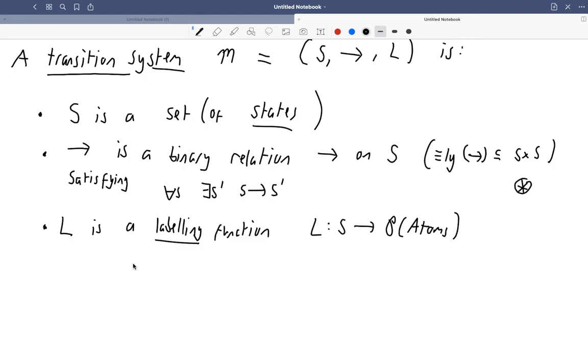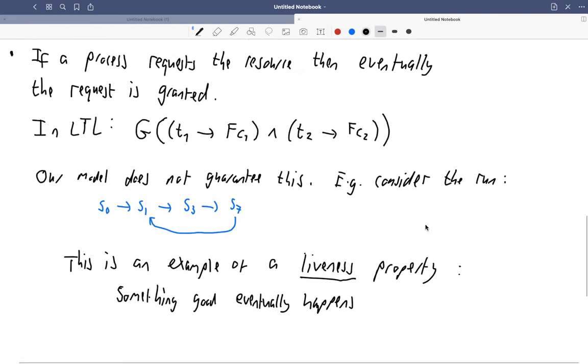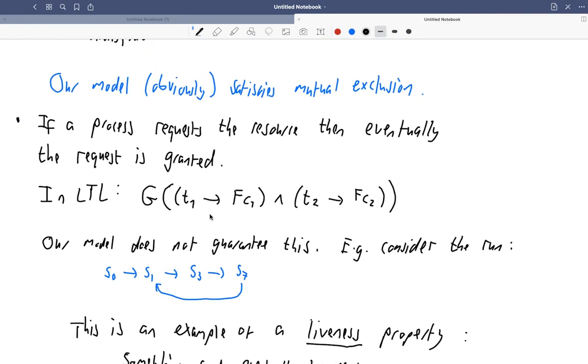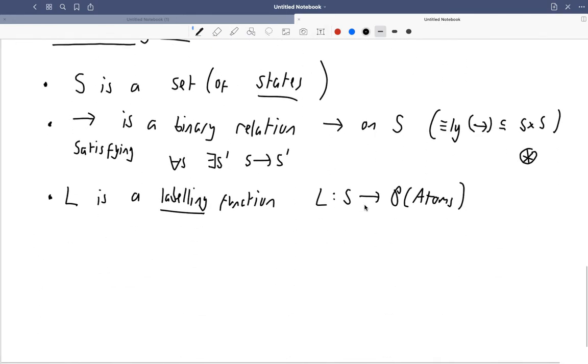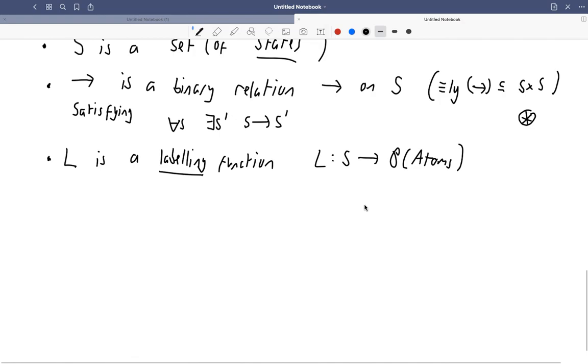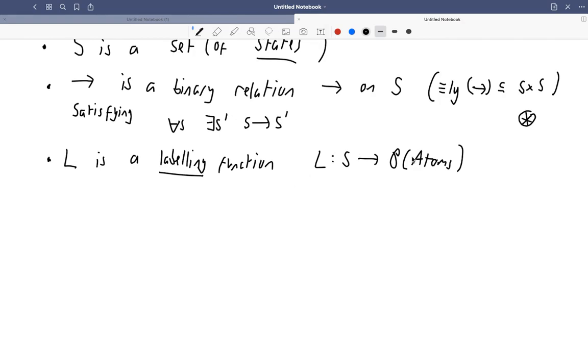So what that means, the power set is the set of, we have some set of propositional atoms. Those are the things like T1 and T2 and C2 and so on. These are stating properties that may or may not hold of states. And the power set of atoms is the set of all sets of atoms. And so here we're saying that L is a labeling function that maps a state to a set of atoms.